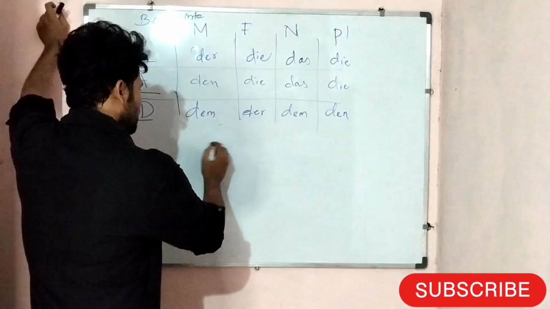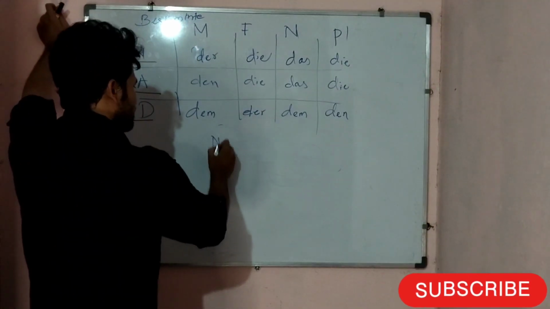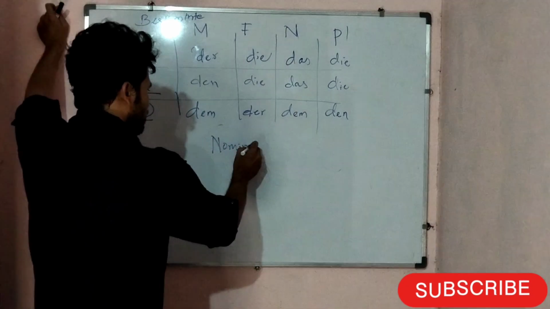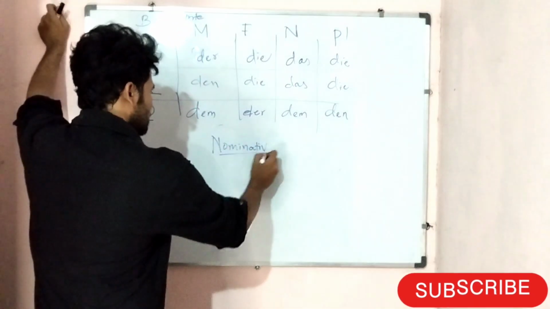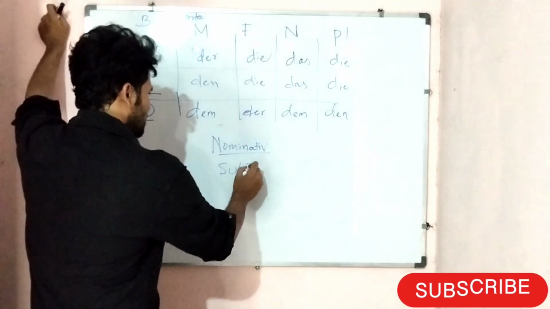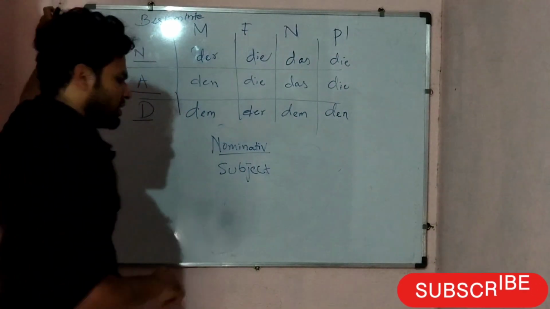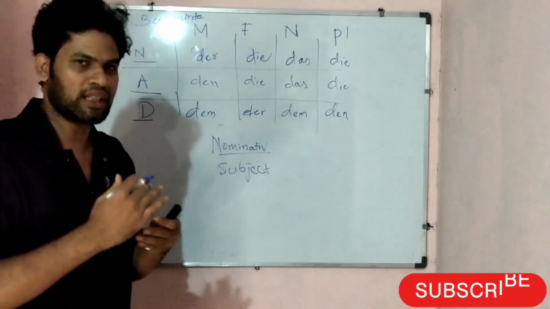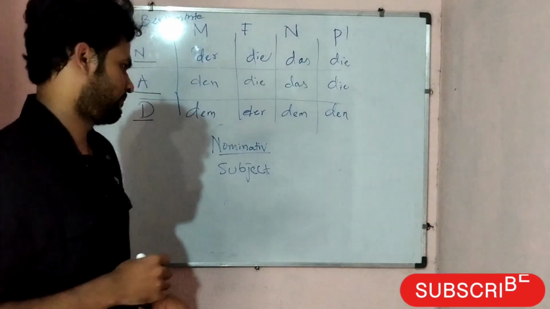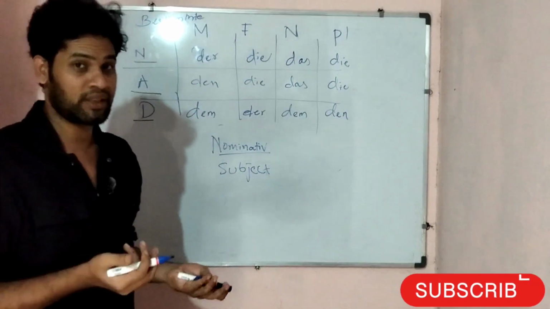So here I'm going to teach you the nominative case. Nominative is nothing but the subject. As I already said, the subject is the one who is performing, the thing which is doing. It can be a person or it can be a thing.